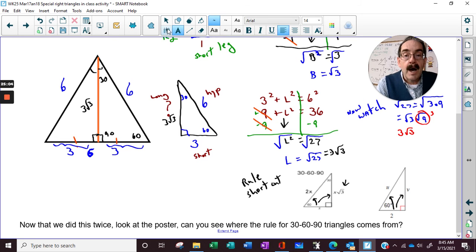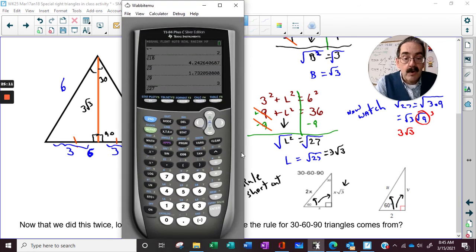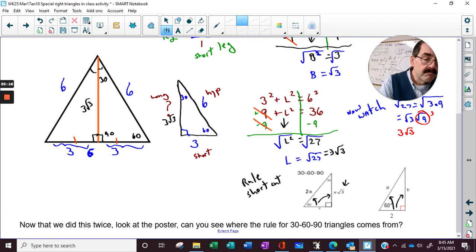The opposite of multiply is divide. We've been chanting that all year. So if we multiply this way, then we got to divide going this way. So this one turns out to be 2 times the square root of 3, and this is double 2 times 2, which is 4.